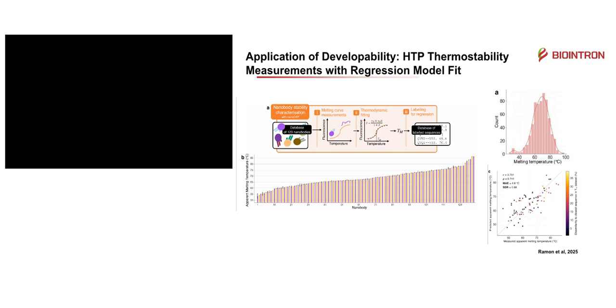And they have a pretty good model from deep learning to do that, and they can predict the melting temperature of the antibodies beforehand, before any wet experiments. Of course, the correlation is not perfect, but it's good enough to narrow down the candidates. That's one application of the developability.